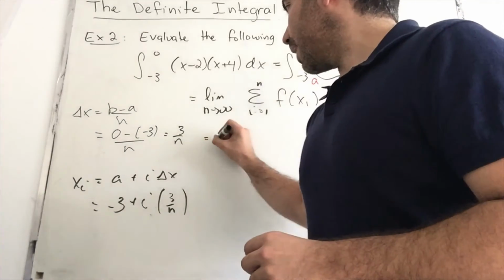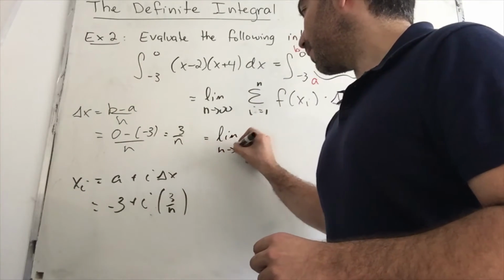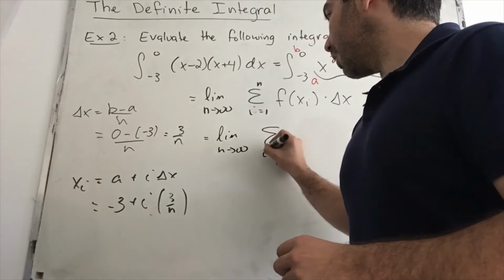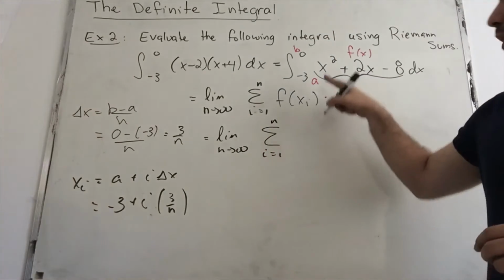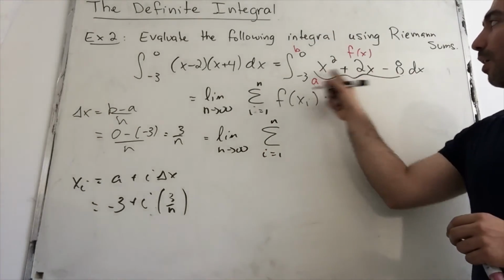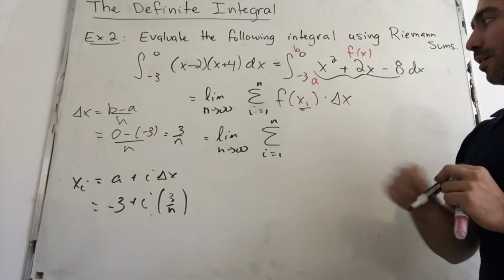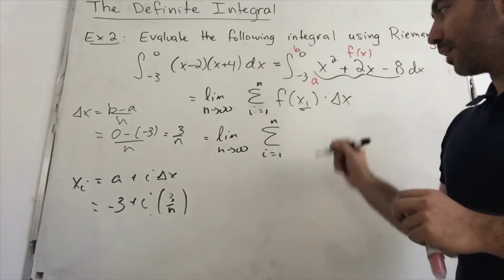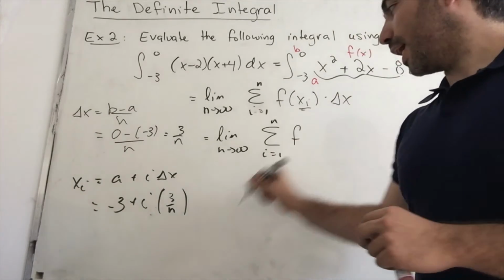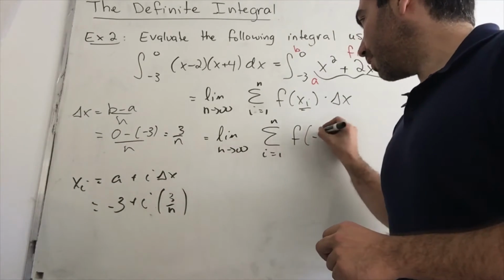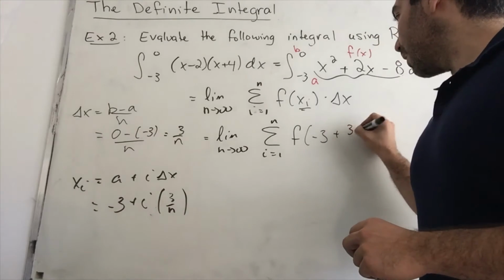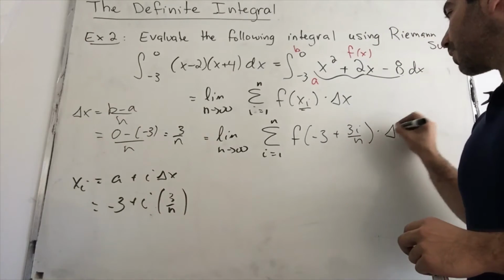We're going to write this limit as the limit as n goes to infinity, summation i equals 1 to n. The function that we're dealing with is up here, and we're replacing all the x's with xi. But what's xi equal to? Maybe I could do this in 2 steps and write f. Xi is just -3 plus 3i over n times delta x.